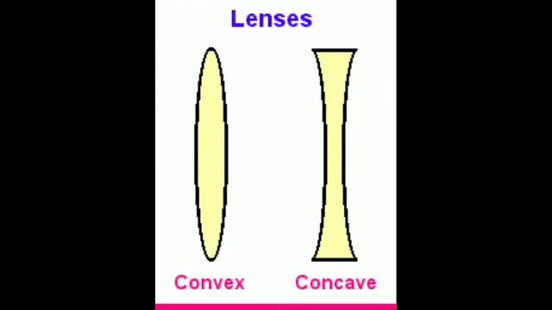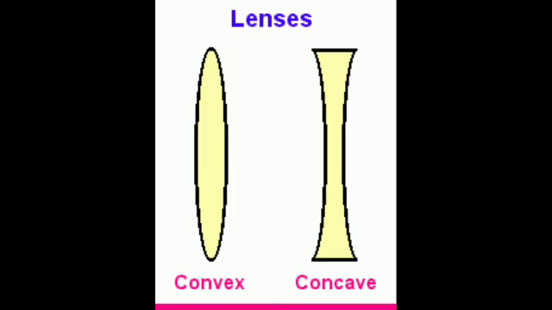The next topic is lenses. A lens is an optically transparent medium bounded by two spherical refracting surfaces or one plane and one spherical surface. Lens is basically classified into two types: convex lens and concave lens. Convex lens or biconvex lens.